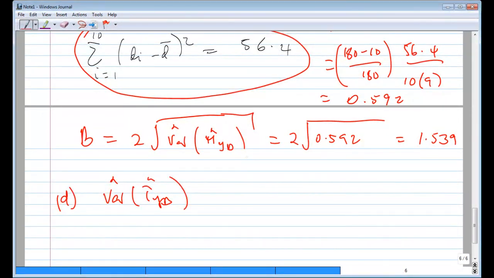Okay. And you know that is equal to what? N squared var of mu Y D estimate, isn't it?